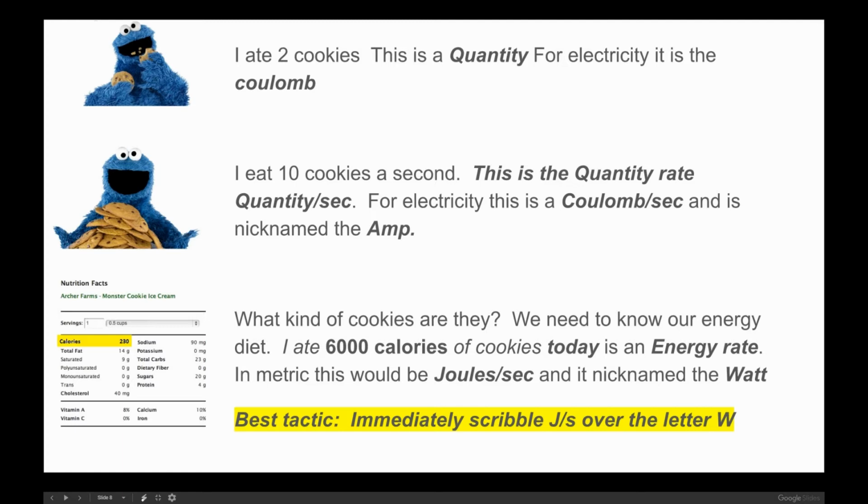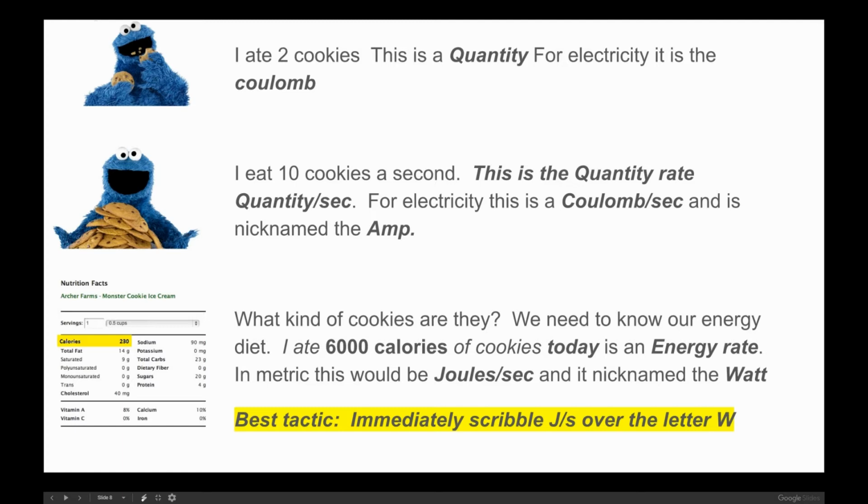So do you understand the difference? You can tell me how many cookies you ate in a specific amount of time, specifically a second. Or you better tell me the calories in those cookies you were eating per second. Okay? So joules per second gives us the best idea of the energy flowing down the pipe, or the power.